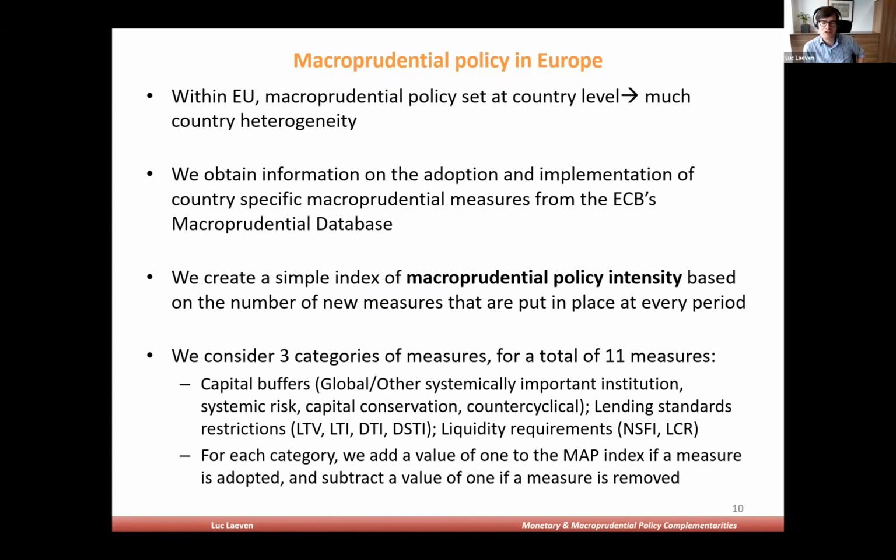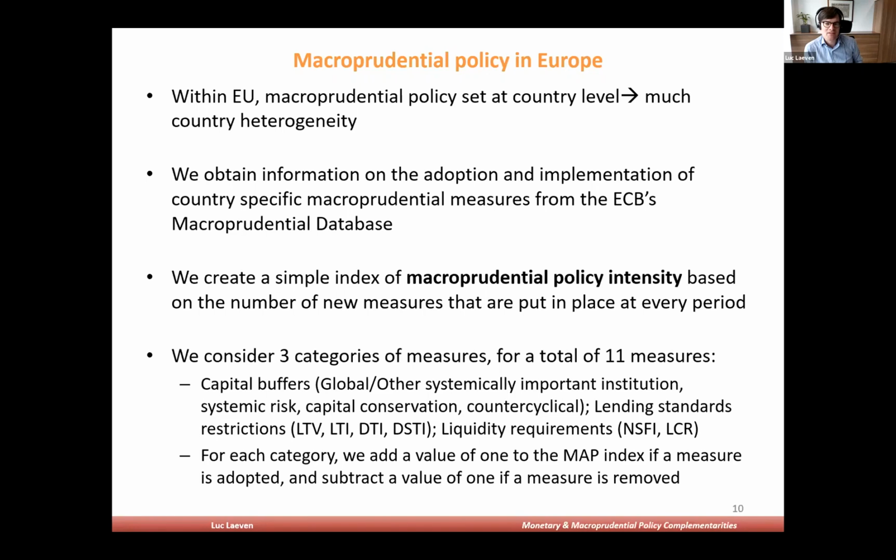So then, of course, the more novel part of the paper is macroprudential policy. And here we exploit a new database developed at the ECB, very much in the spirit of a database that was developed at the IMF, of which my discussant is an expert.